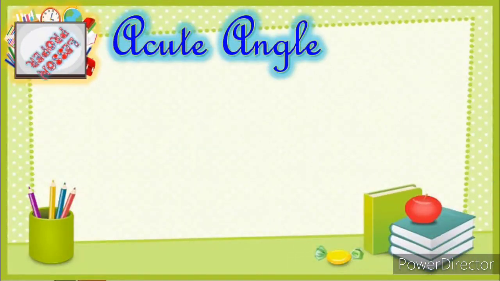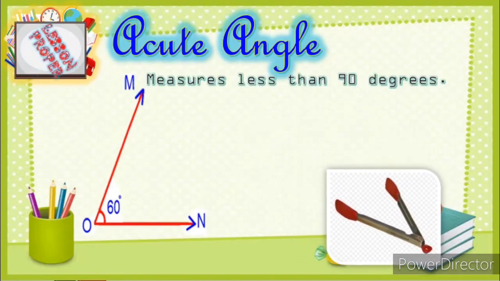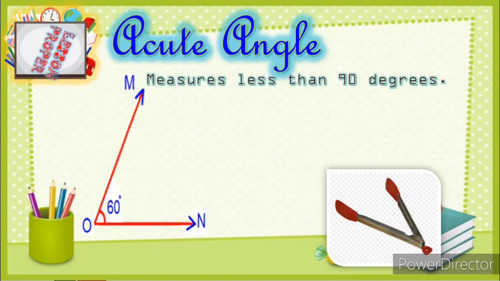The third one is an acute angle. Observe the figure. Earlier, we tackled the right angle, which measures exactly 90 degrees, and the obtuse angle, which measures greater than 90 degrees. Therefore, an acute angle measures less than 90 degrees.